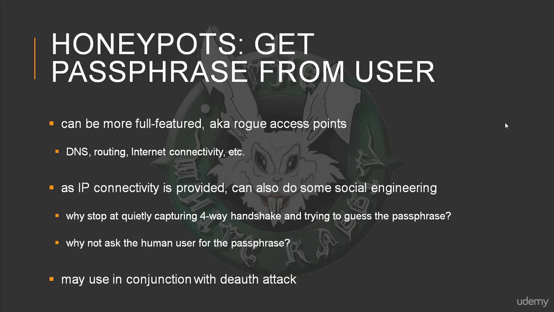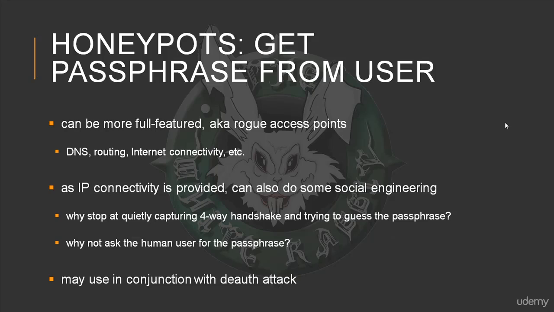Since these go beyond Airbase-NG and provide IP connectivity, even an HTTP server, this allows it to be more powerful and allows additional capabilities like social engineering. So now we can have this rogue access point asking the human user for the passphrase and making it appear that it's coming from a legitimate access point.